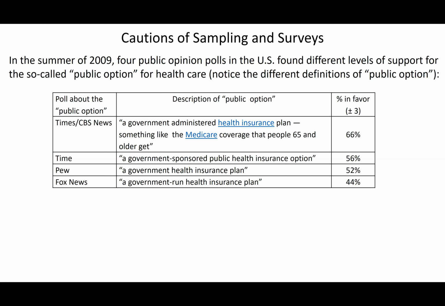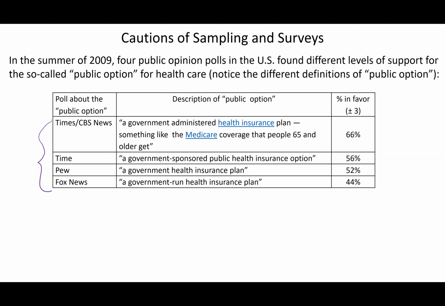So some more cautions. We have a survey from summer 2009, and they were looking at opinion polls, specifically looking at popularity for a public option healthcare. So we have 4 different polls. We have a poll by Times/CBS News.